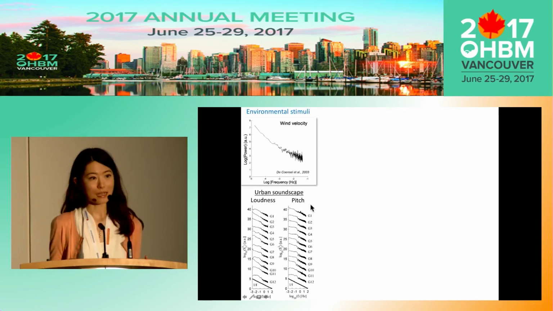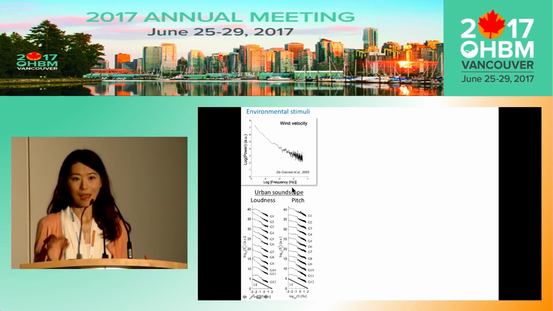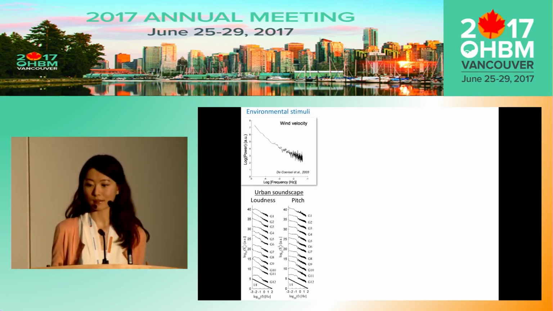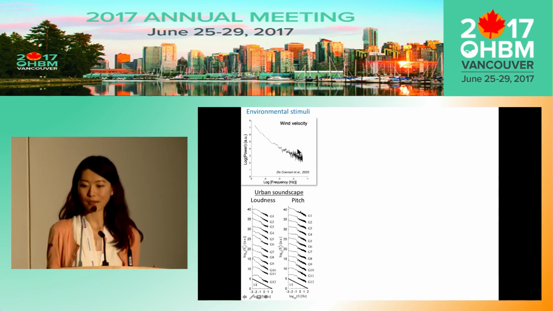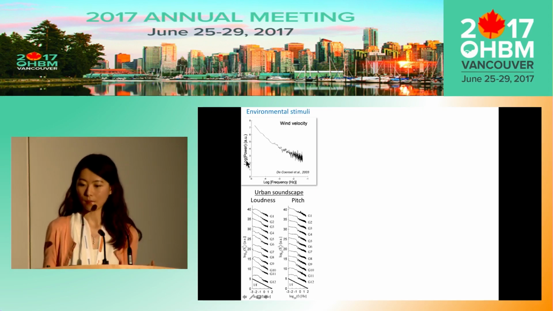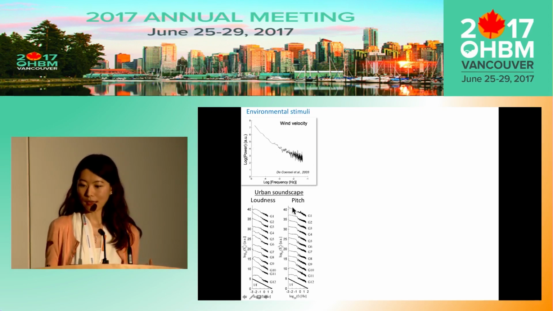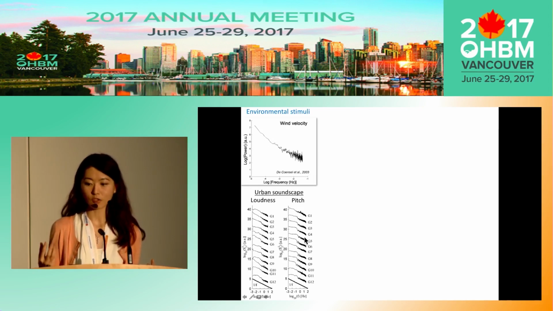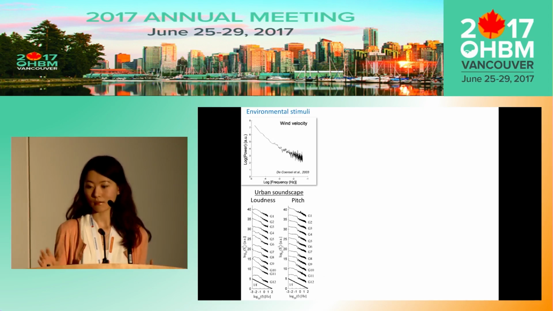As I mentioned at the beginning of the talk, many natural environmental stimuli have prevalent 1/f dynamics, showing up as a 1/f type power spectrum in the temporal frequency domain. So for example, this is wind velocity, and on the bottom, this is loudness and pitch fluctuation of urban soundscape, so urban auditory environment. Same thing happens if you record in the rural environment.